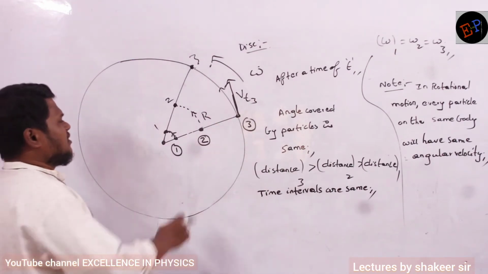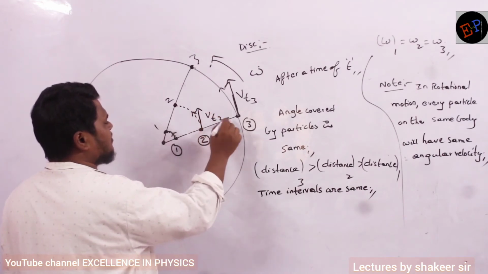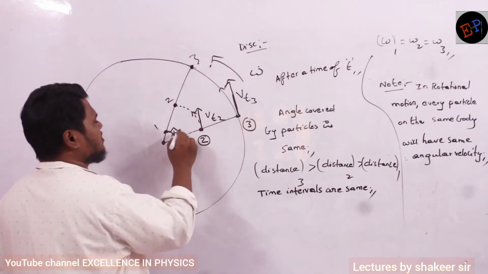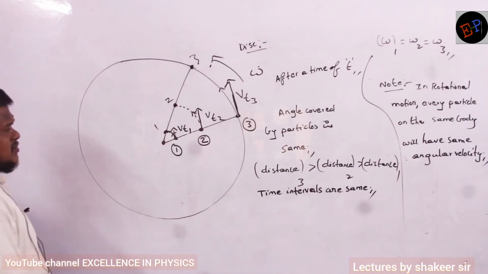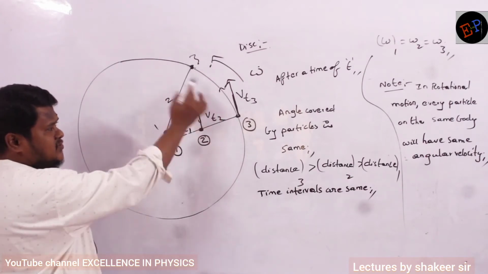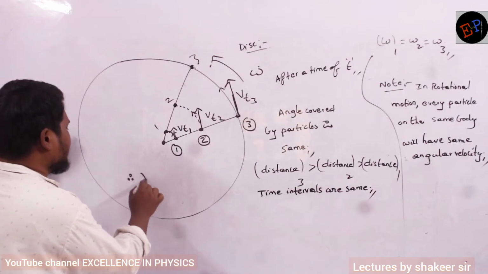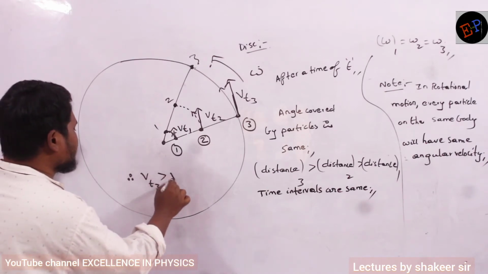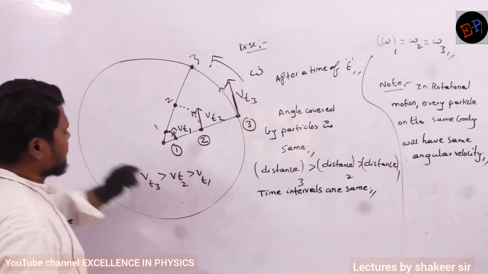This is the tangential velocity of second particle. This is the tangential velocity of first particle. This particle is covering greater distance, time taken is the same, it means its velocity must be greater. So tangential speed of third particle is greater than tangential speed of second particle, which is greater than tangential speed of first particle.